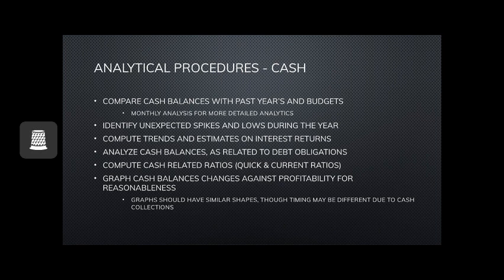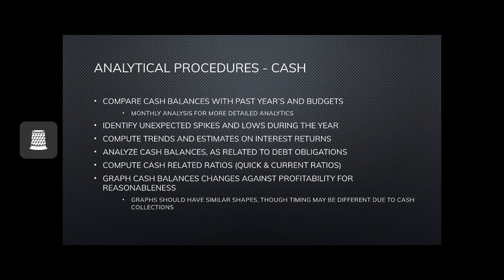You're going to compute cash-related ratios like the quick ratio or the current ratio. Compare it to industries, compare it to prior years of that company. Do they make sense? You'll graph the cash balance changes against profitability. So it only makes sense that if we're becoming more profitable, then theoretically our cash should go up too.